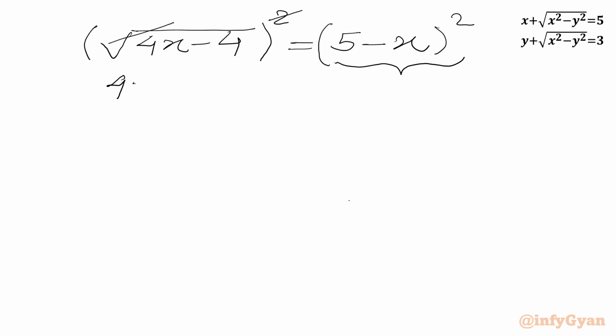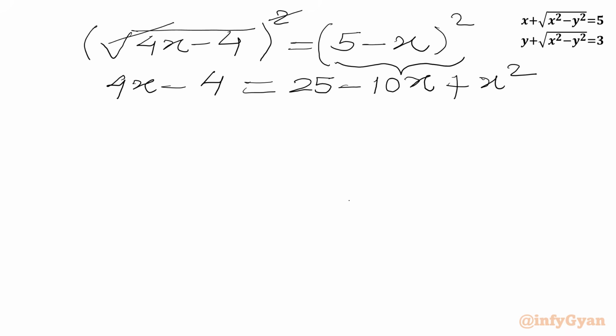So we can write 4x minus 4 equal to 5 square, which is 25, minus 2ab, 2 times 5 times x, minus 10x, plus x square.